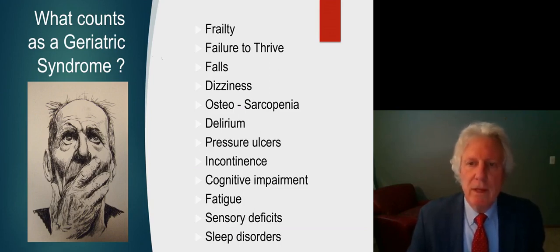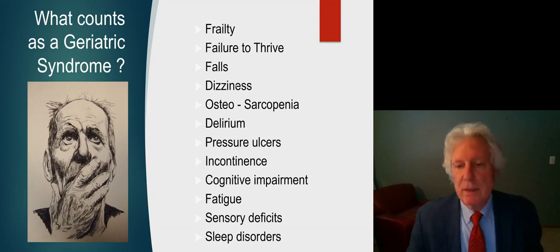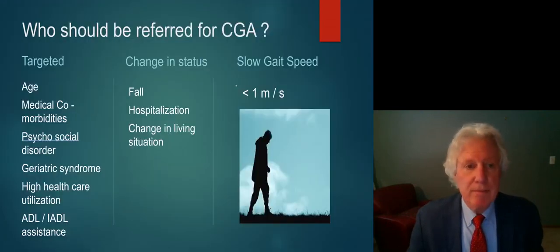And some people believe that you have both bone loss and muscle mass loss concurrently. Big one, obviously, is cognitive impairment. 10% of all 65 and older individuals have some form of cognitive impairment. And then fatigue that often goes with frailty, sensory deficits, and then disruption of our biorhythm that leads to sleep disorders, if not sleep apnea.